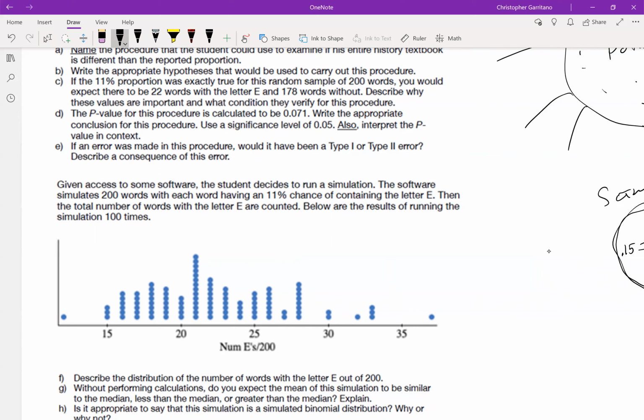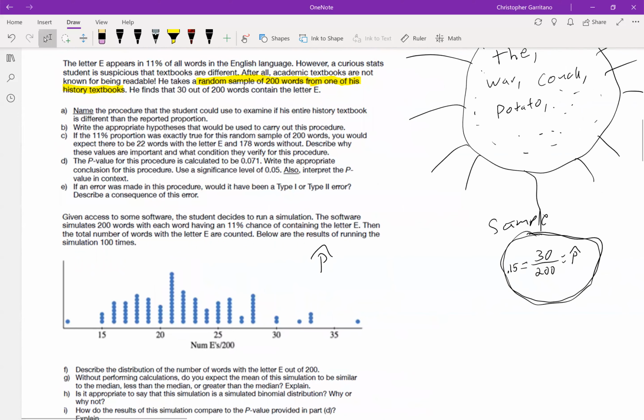So what you're looking at, each of these individual dots is one sample proportion, really. And so let's think about this. These are all sample proportions. This is a distribution of sample proportions. This is the distribution of p hat, or at least it's a part of the distribution of p hat.